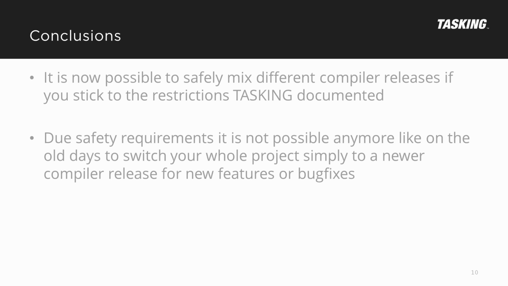And due to safety requirements, it's not possible anymore, like in the old days, to switch your whole project simply to a newer compiler release for new features or bug fixes. So most of you already know it. You're stuck to a specific release, to libraries, for example, the mcal or the safetylib.